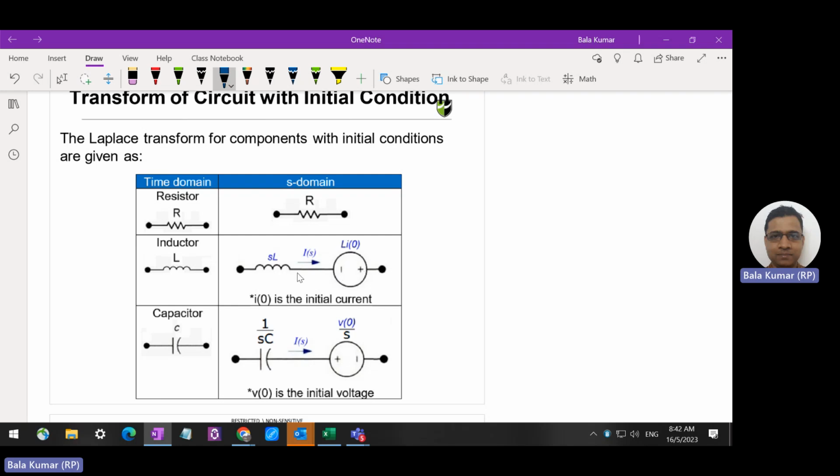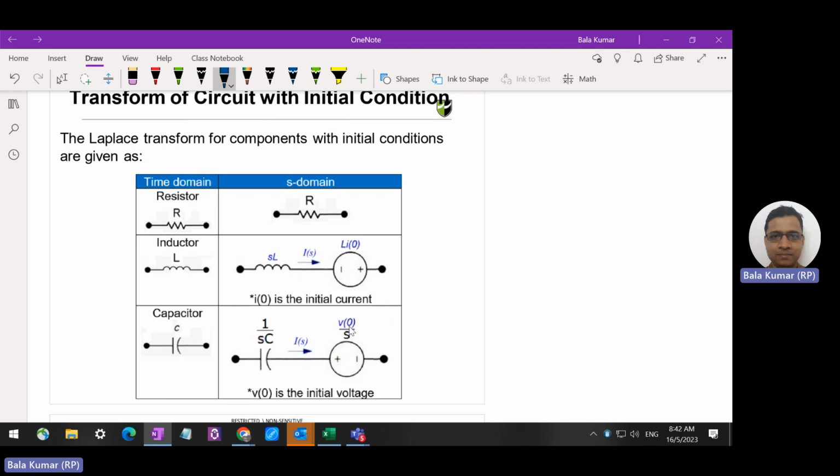After the inductor, we put a voltage source whose value is L, the inductance of this inductor, multiplied by I naught, the initial current. For the capacitor, it's the same thing. We put a secondary voltage source, and the value is V naught over S. V naught will be given to you.